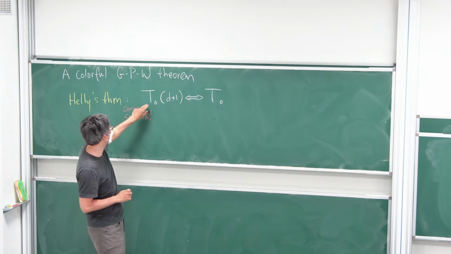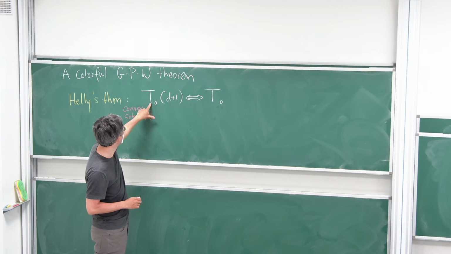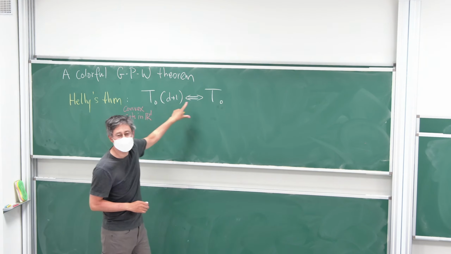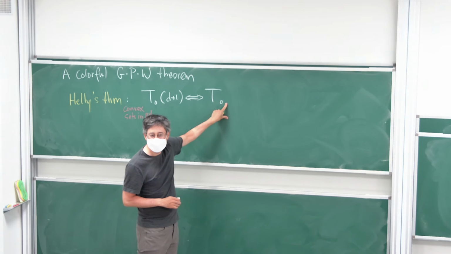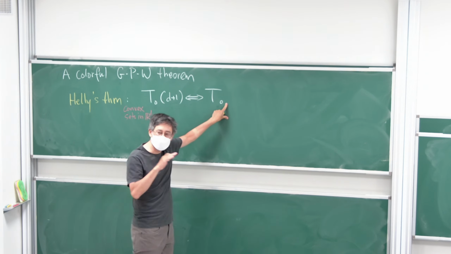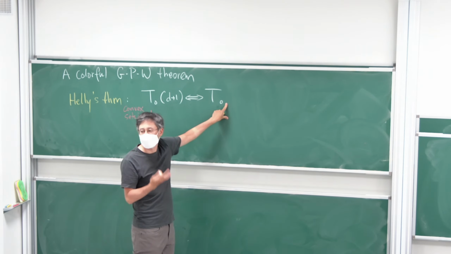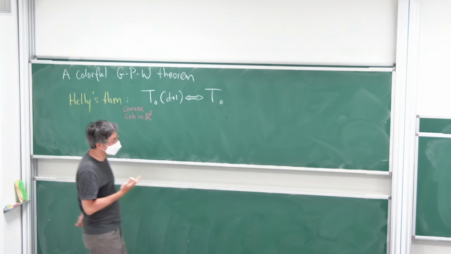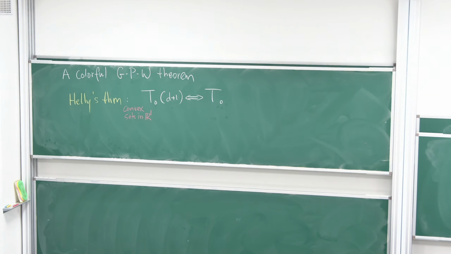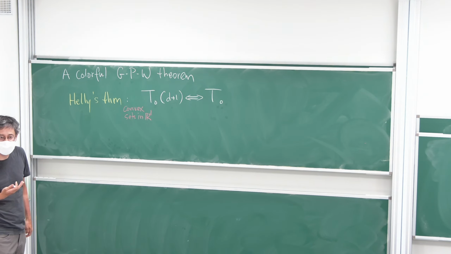Actually, I'm not going to write down what he proved. He proved a statement about convex sets in the plane. He proved that T1 of 6 is equivalent to T1. So if every 6 of them have a one-dimensional line that intersects them, then all of them do. The reason I'm not writing that down is because that proof was wrong, and the statement was false.